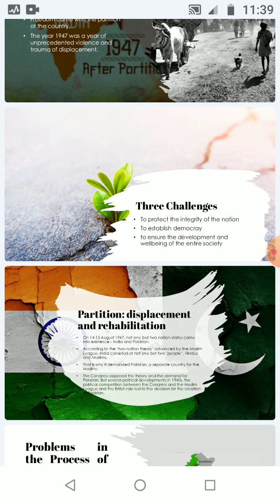The third challenge was to ensure the development and well being of the entire society, not only of some sections but of all. Actually, the real challenge was to evolve effective policies for economic development and eradication of poverty.